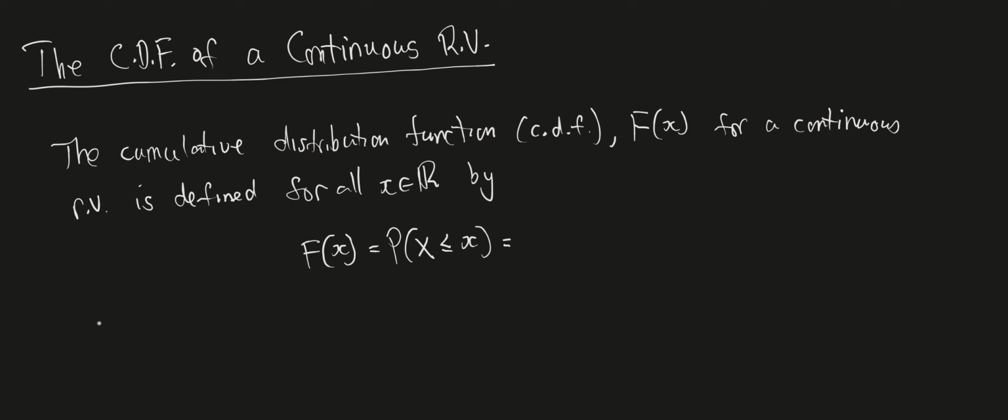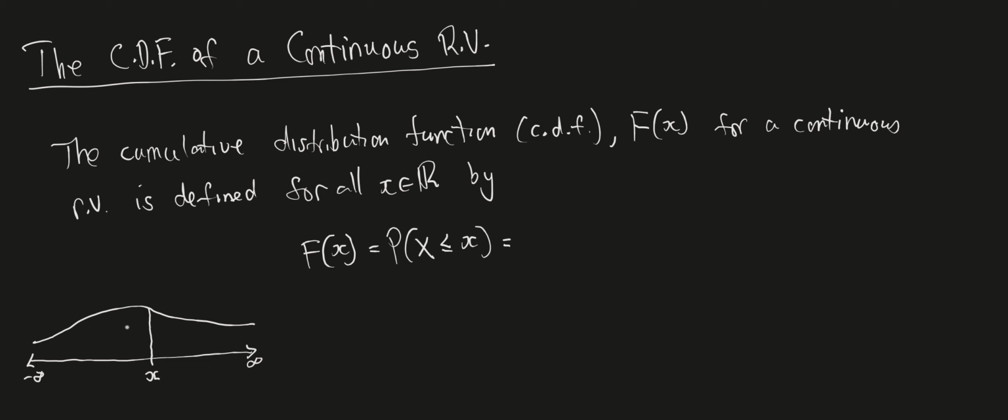Before I finish the definition, let me just remind you. Let's say we have, in theory, a PDF that covers the entire real line like that, and for any real number x, if I want to find the probability that my random variable is less than or equal to that number, then remember, we're using area to represent our probabilities.